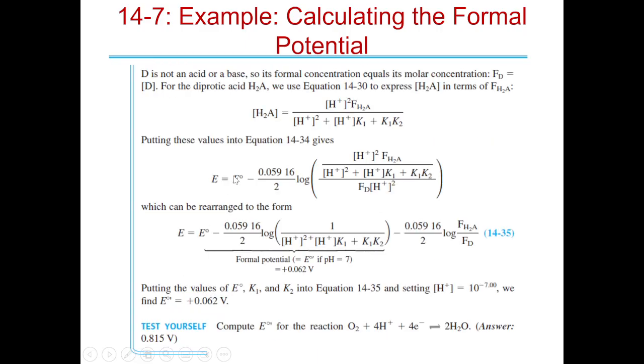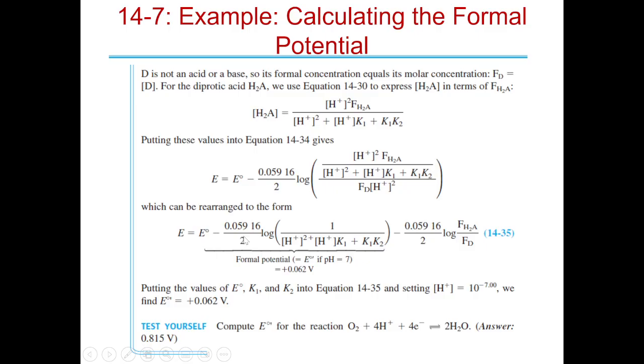We're going to take that Nernst equation, and we're going to put that fractional composition of the H2A, that concentration of the H2A in, that we just grabbed here. Notice all these other terms are constants and formal concentrations in H pluses, right? Which is a form of pH.